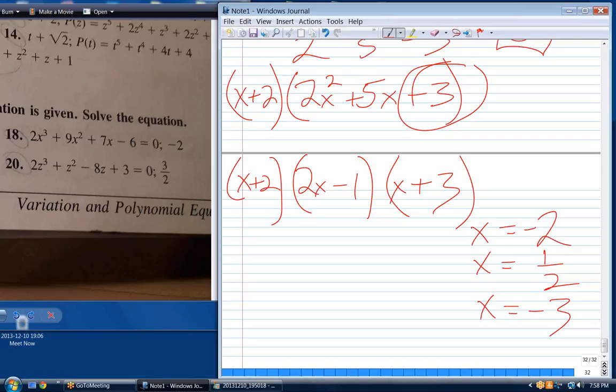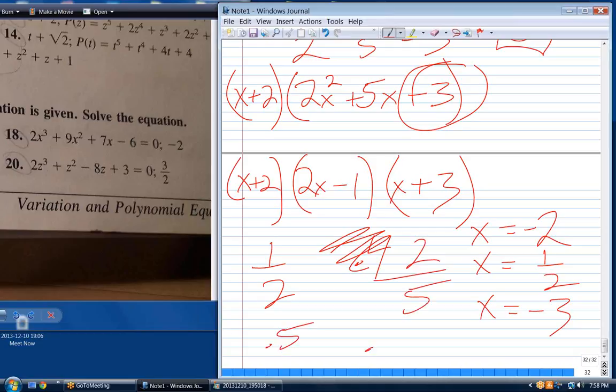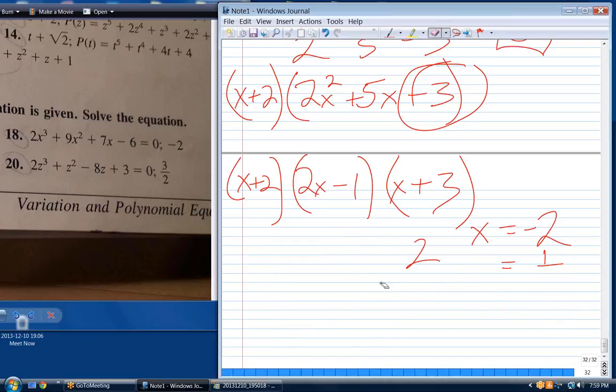In general, I would not mix up fractions and decimals. If one solution was 1/2 and another solution was 0.4, I wouldn't give it like that. I would give 1/2 and 2/5, or I would give 0.5 and 0.4. Understand what I'm saying? That's just a minor thing. I don't think your teacher would mark off for it, but consistency is valuable.